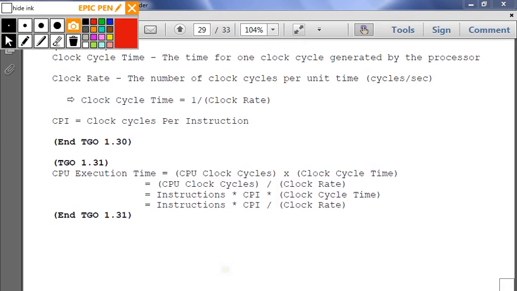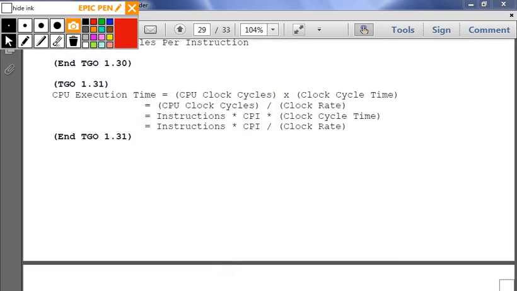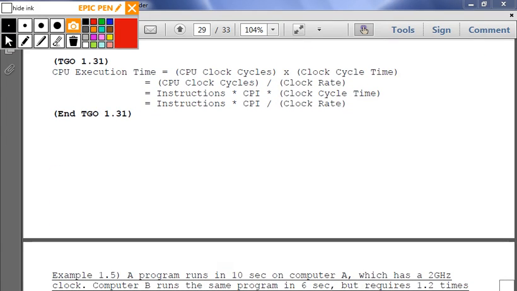For this next slide, I took all of the different equations that we can use now that we've come up with these definitions tied to CPU execution time. So clock cycles times cycle time. We have seconds per instruction, cycles per instruction, which cancel out to execution time.